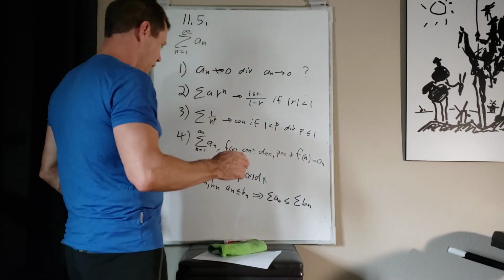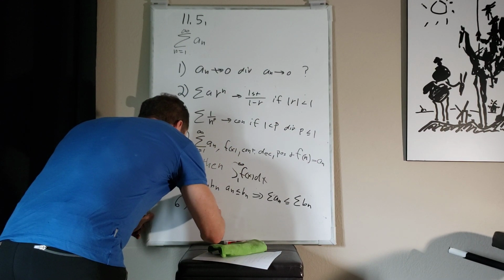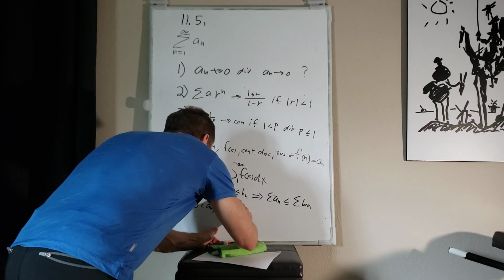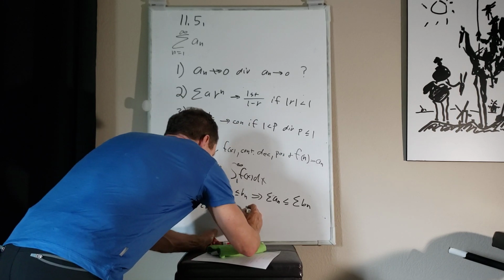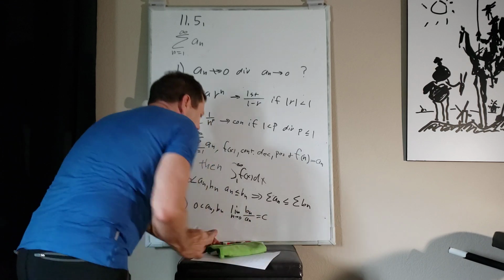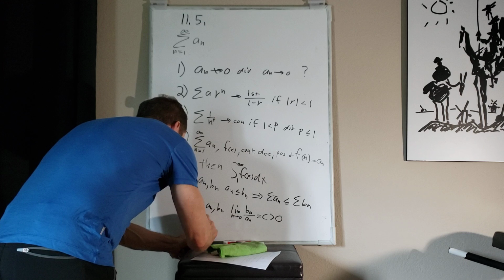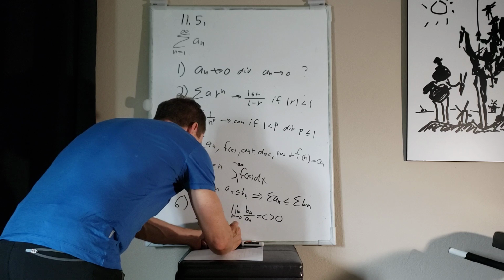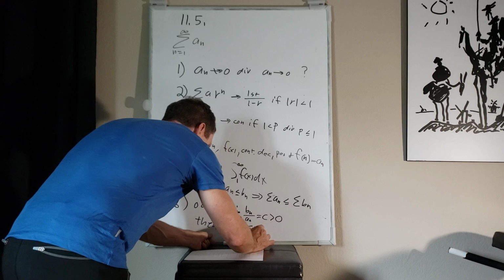And the last one we've done was the limit comparison test, so that's number 6, same type thing. If you got two sequences that are bigger than 0, and the limit as n goes to infinity of bn over an, and it doesn't matter which one you put on top, approaches some number bigger than 0, then the sum of an and the sum of bn do the same thing.